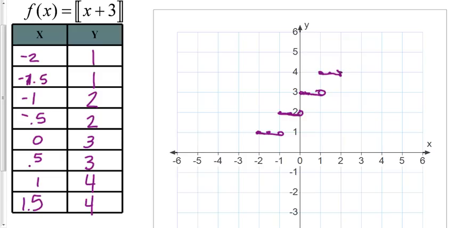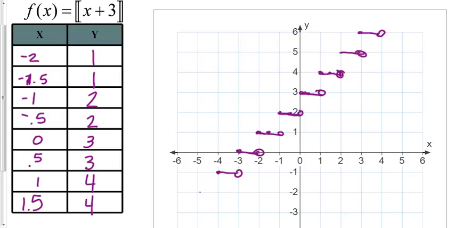And this graph is repetitive. It's basically the same pattern over and over again, where you've got a closed dot on the left endpoint, horizontal line, and then an open endpoint at the right value. Okay, so this goes on forever. I also need to fill in some pieces of the graph here. And this is what a step function looks like.